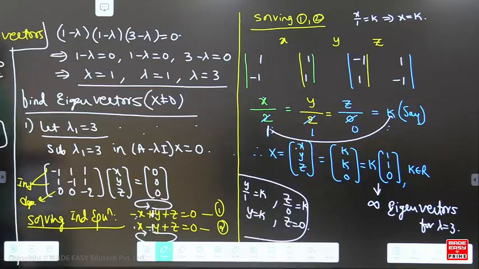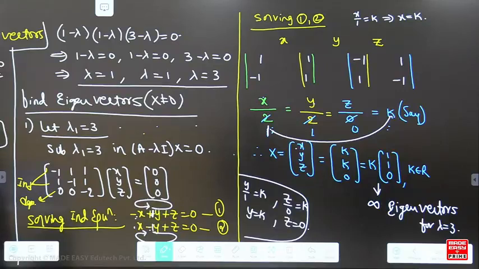Because the determinant of A minus 3I is 0, therefore the equations I got for lambda equal to 3 have linear dependency, because the determinant is 0. Linear dependency means one row is a dependent row. So out of 3 equations, at least one equation will be dependent.